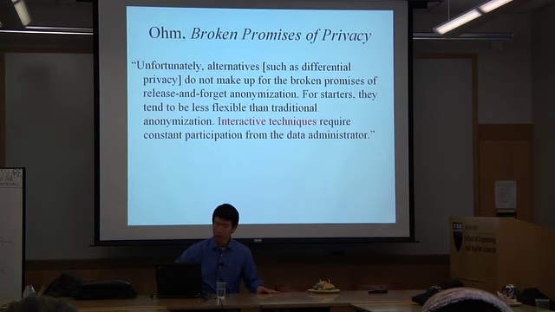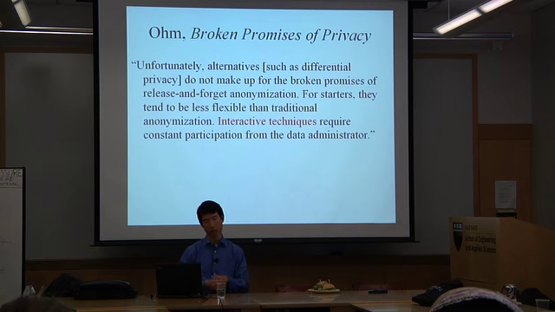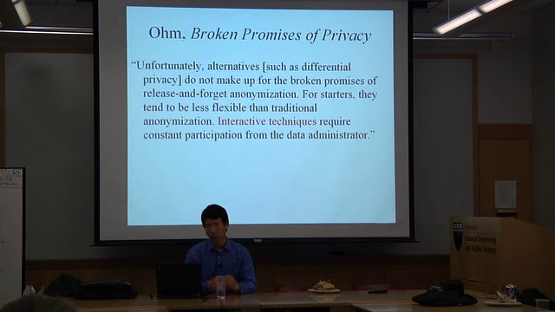So what Paul has to say about this is that these kinds of alternatives don't make up for what he calls the broken promises of release and forget anonymization because they're less flexible. They are interactive techniques that require constant participation from the data administrator.